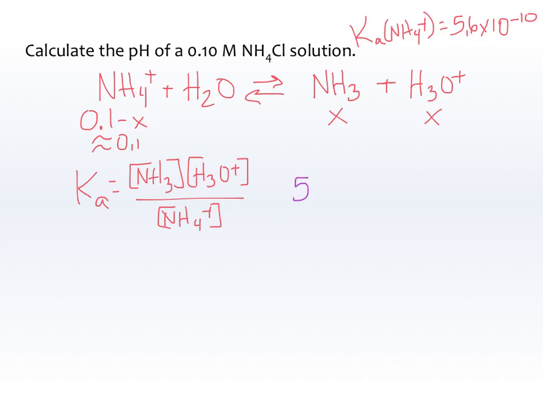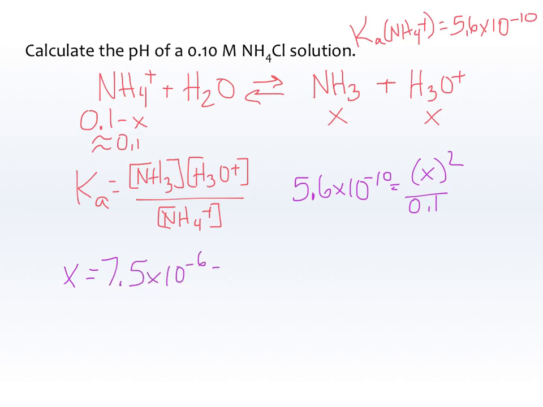All right, hopefully you did it. 5.6 times 10 to the negative 10 is equal to X squared divided by 0.1. Cross multiply, take the square root. X is equal to 7.5 times 10 to the negative 6, which is NH3, and it is also H3O plus.